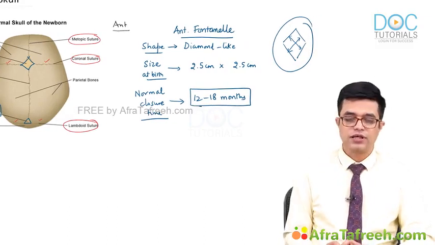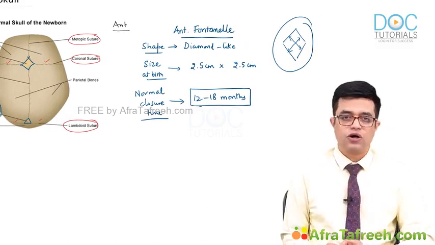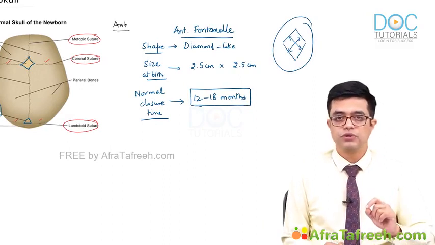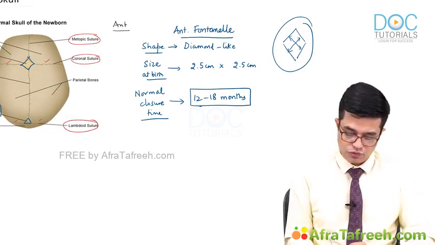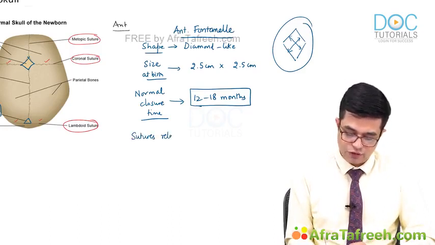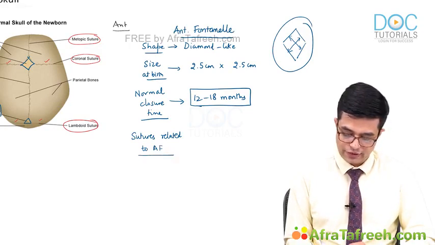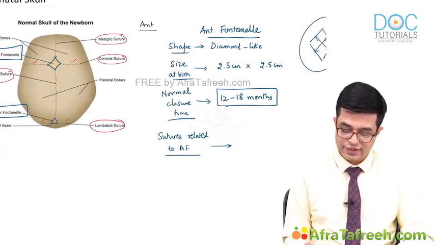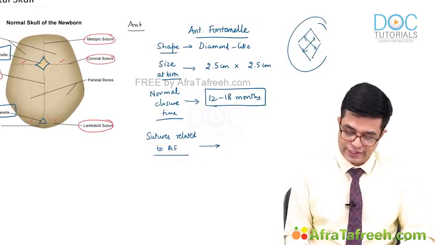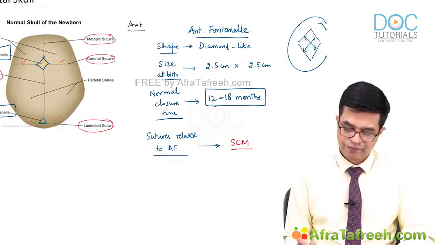Now there was a question asked once in an entrance exam. All of the following sutures contribute to the formation of anterior fontanelle except. So what are the sutures which are directly forming the anterior fontanelle? If you look at the structure, you will find that there are three sutures. The mnemonic for that is SCM.